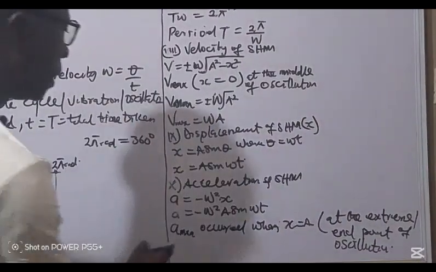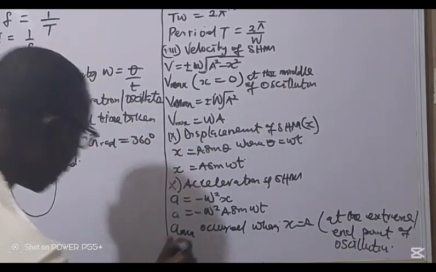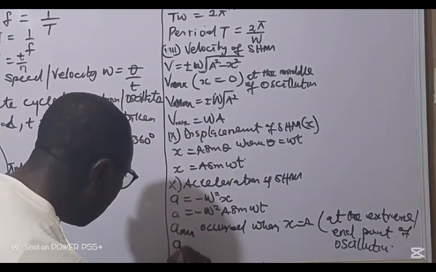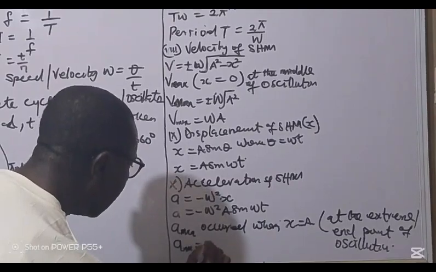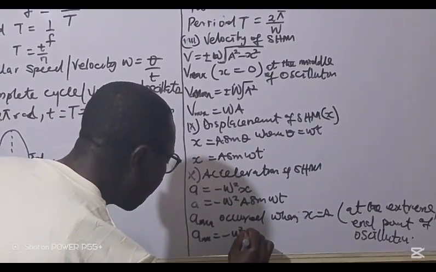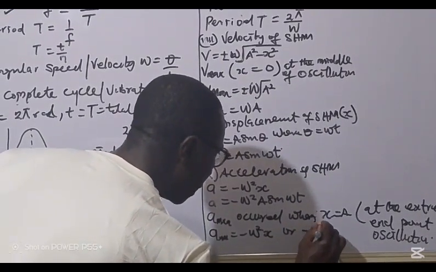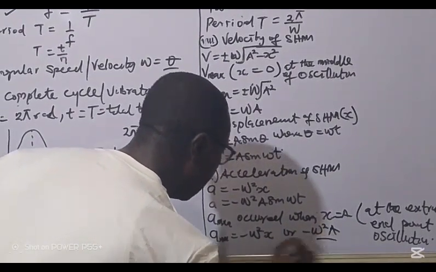So A maximum can now be minus omega squared s, or minus omega squared A, depending on the question.